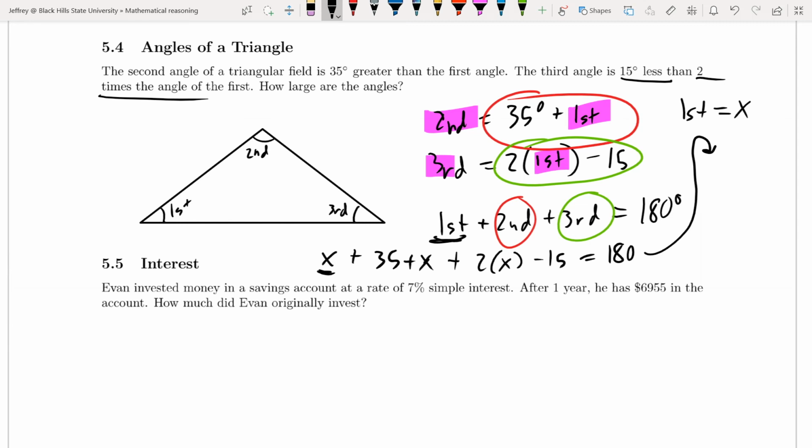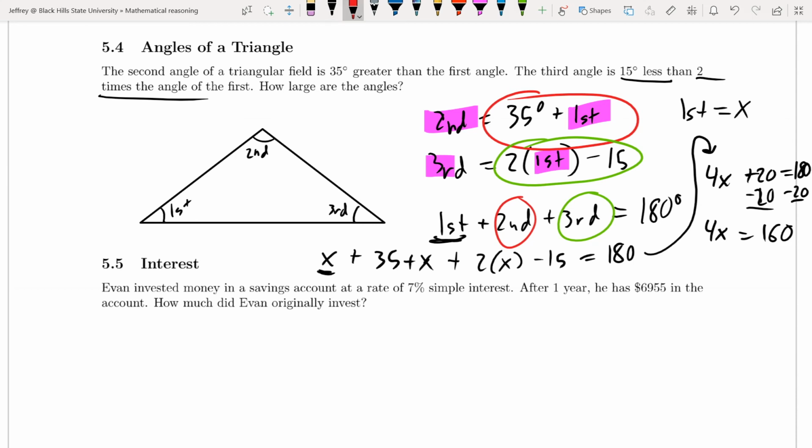Now I'm going to combine my like terms. So we have x plus 2x, plus x, that gives me 4x. 35 minus 15 is just 20. And this is equal to 180. Subtract 20 on both sides. We have 4x equals 160.